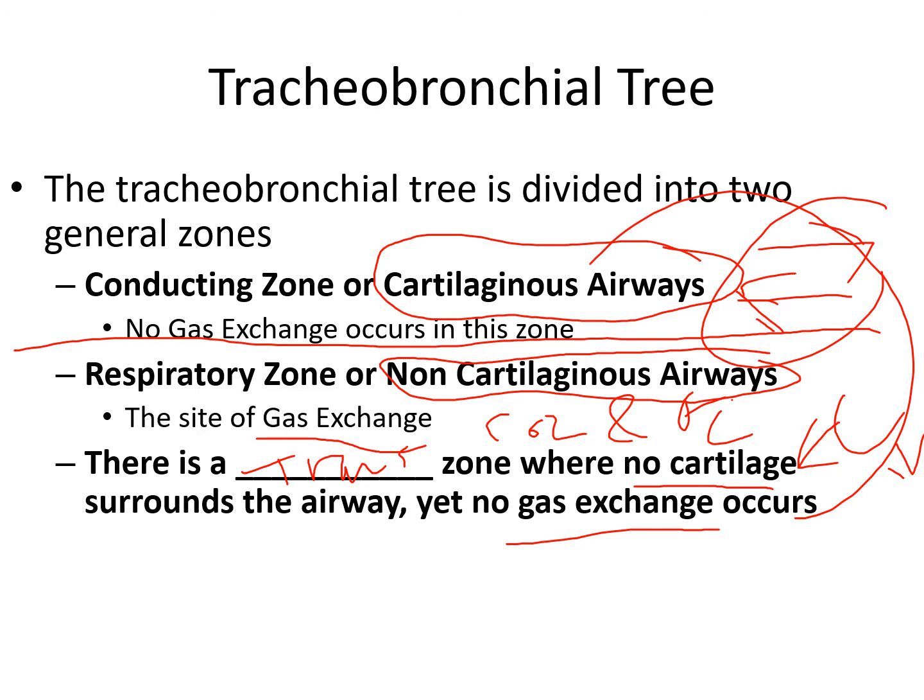So if I ask you in the future, tell me of the cartilaginous or non-cartilaginous airways that don't exchange gas, you'd be talking about the transition zone. That's what I'd be looking for there. So it's non-cartilaginous, it doesn't have cartilage, but it also does not exchange gas. So this is the transitional airways.